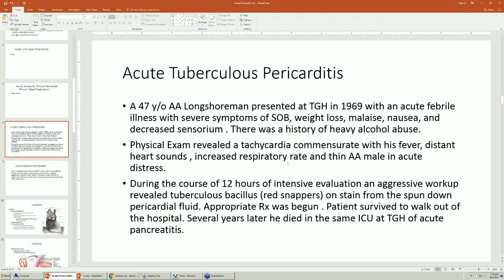His physical examination revealed a guy that looked really sick, in acute distress for sure, with tachycardia, fever, distant heart sounds, increased respiratory rate. He was a thin African-American male and didn't look very good. And so we took all the resources that we had in 1969, which we really weren't doing echo other than an echo that was used for looking for brain shift in patients with subdural hematoma.